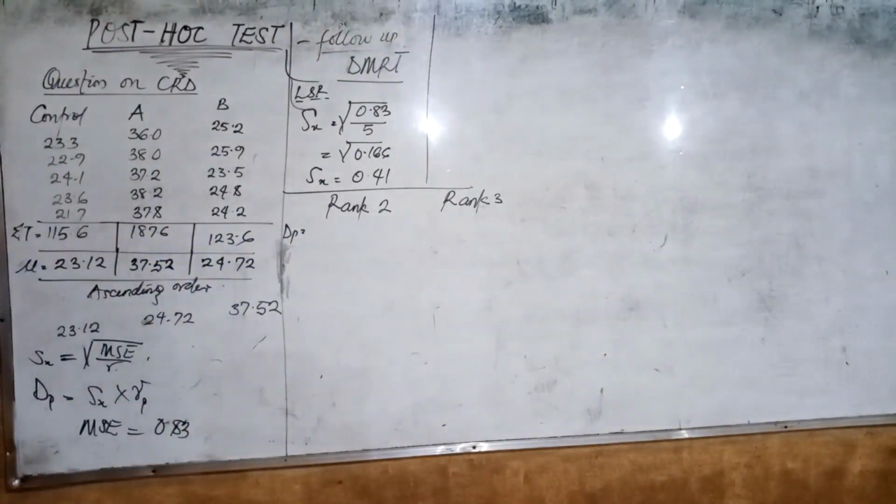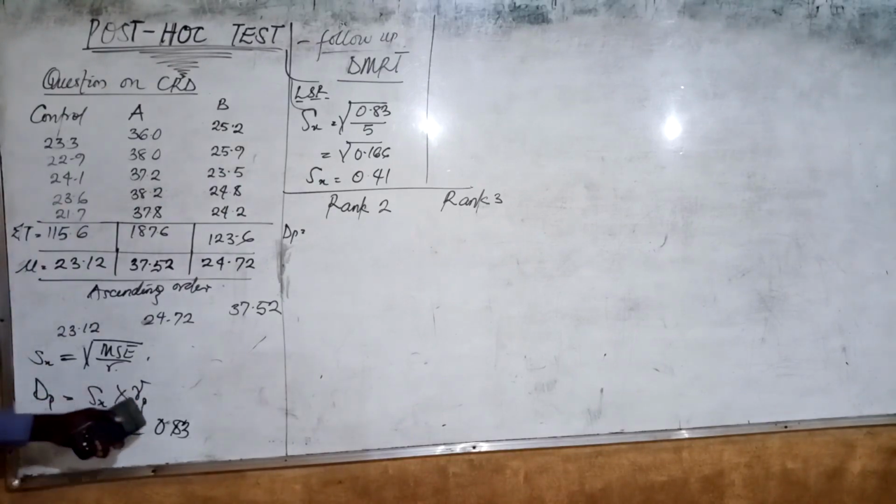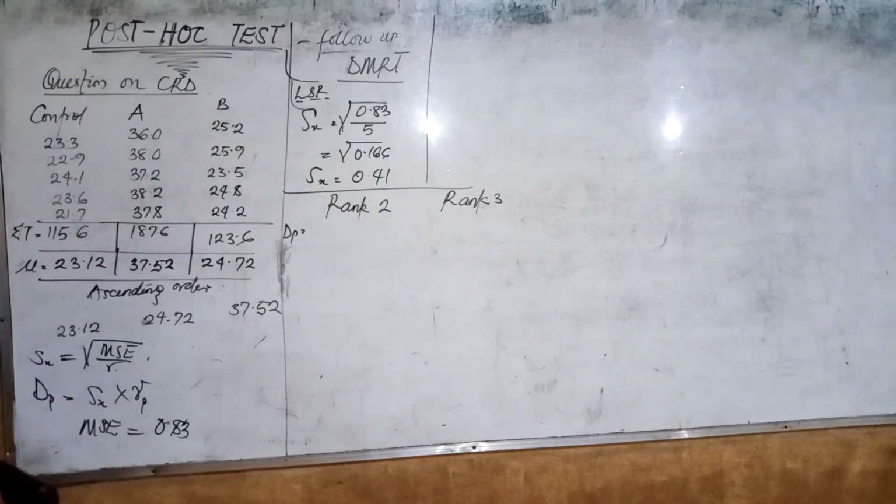The DP value is given by the SX, which is the standard error, times RP. Now, how do we get the RP value? The R stands for ranking as well.